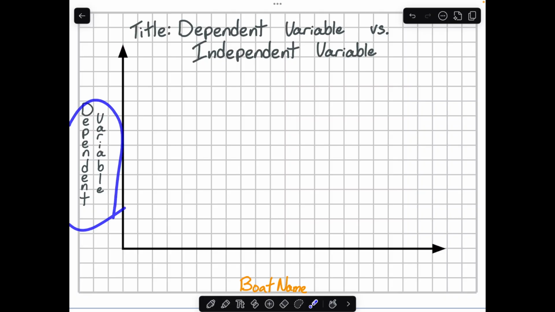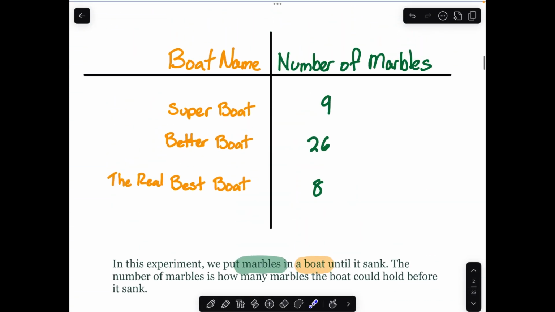The dependent variable are the numbers we wrote down. We wrote down these numbers. That means it was the number of marbles.